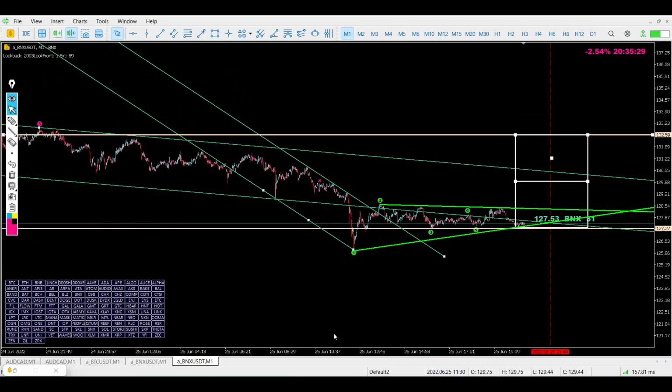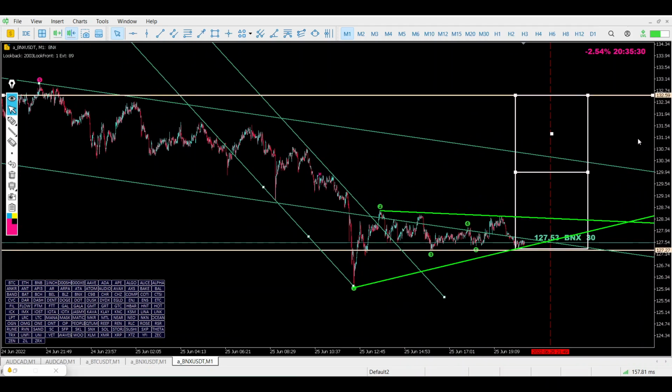If we talk about the risk, you can see this is the middle point of this rectangle, so if this area is 1, then this is 2, so this is a 1:4 trade for me, if that works.